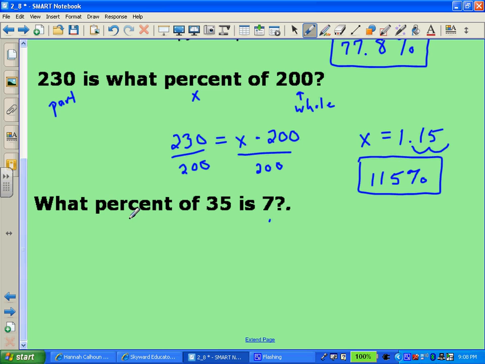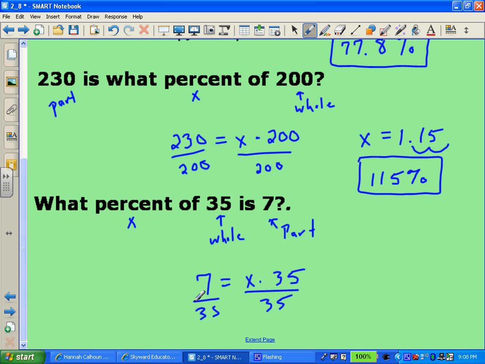One more example here. Once again, I don't know the percent, so that's going to be x. After of is 35, so that's going to be our whole. And then that leaves 7 to be the part. So I have 7 equals x times 35.